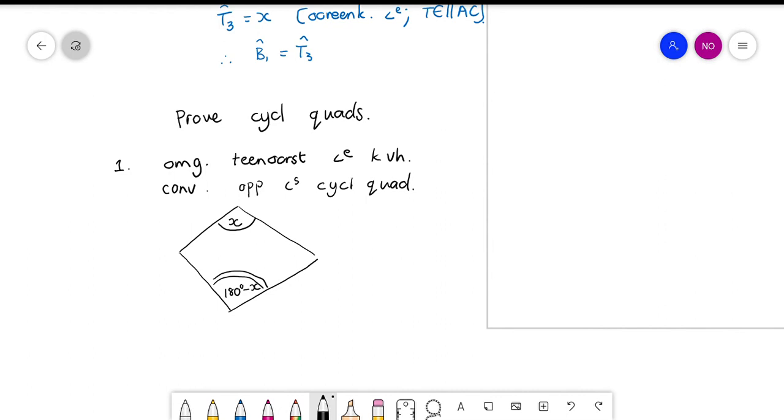If you add those together, you get to 180. Do you agree? So then this thing must be a cyclic quad because of the converse of opposite angles of a cyclic quad. So ons gebruik die kennis wat ons het van 'n koorde vierhoek om te sê dan kan hierdie vierhoek net 'n koorde vierhoek wees omdat hy hierdie ook bevredig.